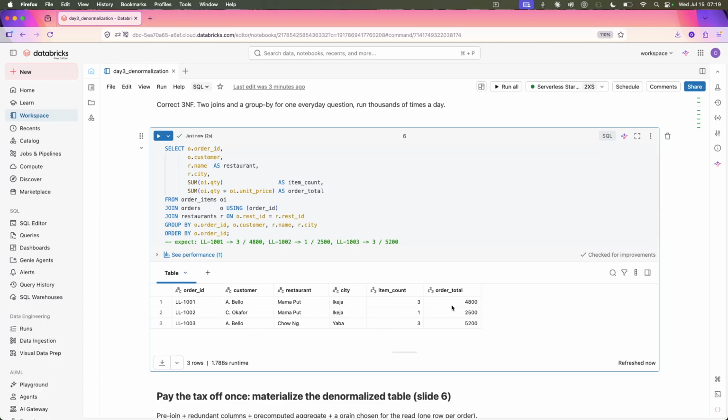So Bello, what is your total? How much did you spend per order, right? Instead of us saying, okay, we put all of this together, we are looking at the quantity and quantity times unit price, and we group it by the order and the customer and the restaurant name and the city.